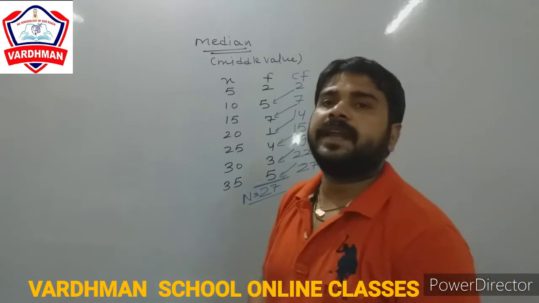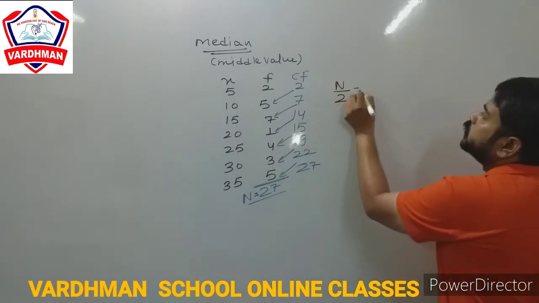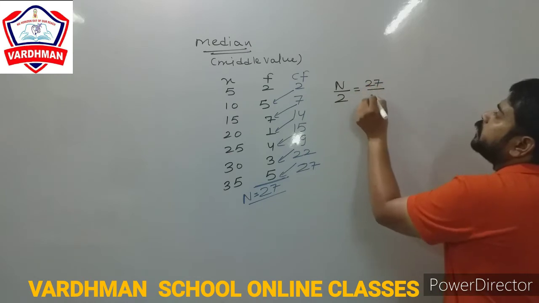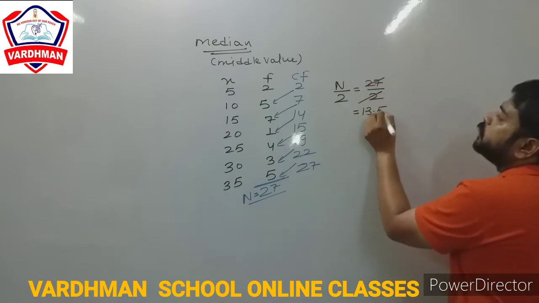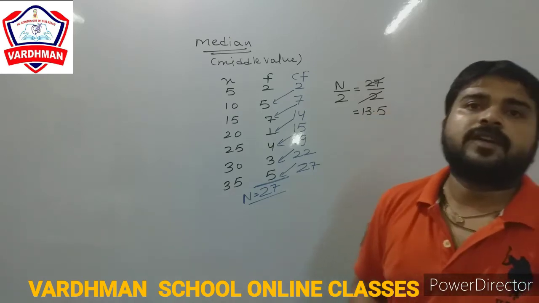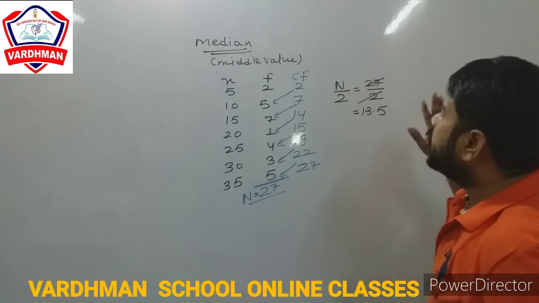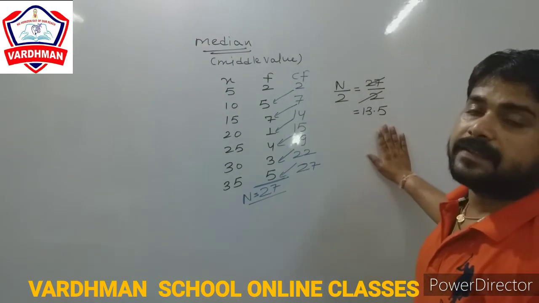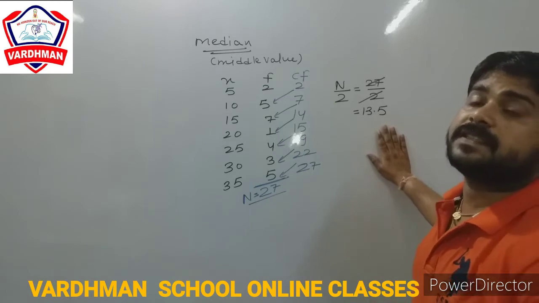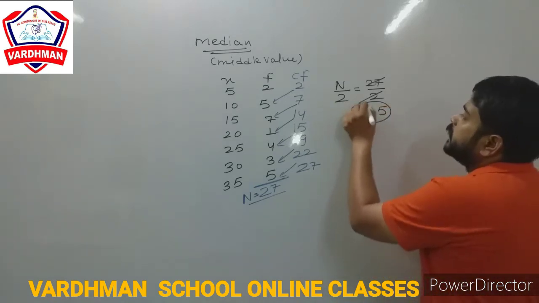Now we find n upon 2. That is 27 upon 2, that is 13.5. And we check which CF is just more than 13.5.